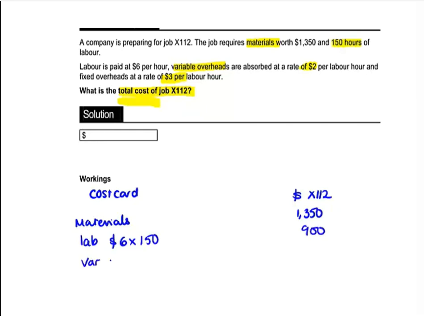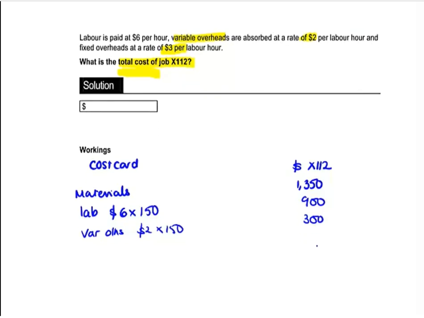We also have variable overheads of $2 for every hour that labour works. So that's another $300. And that would give us a prime cost of $2,550.